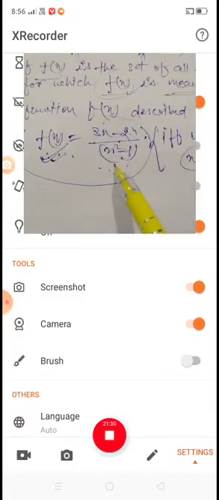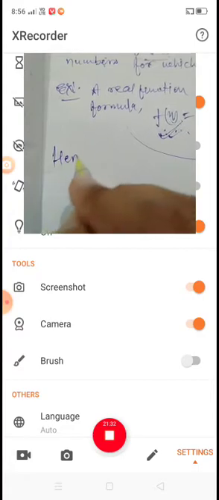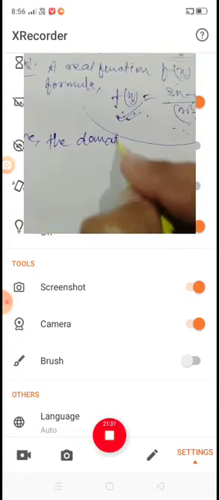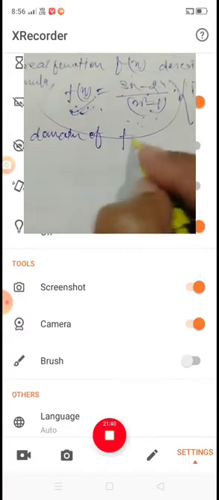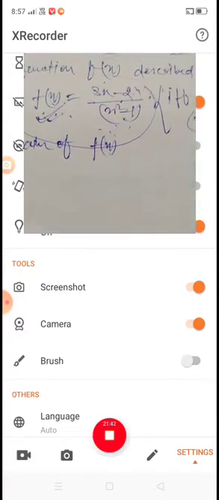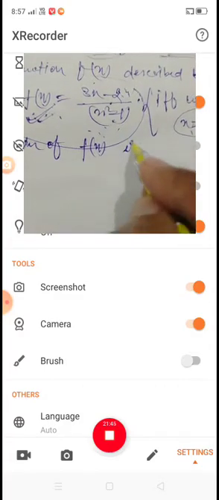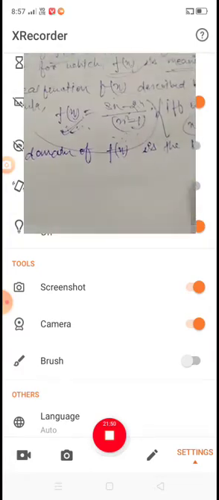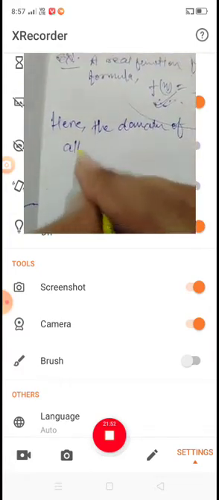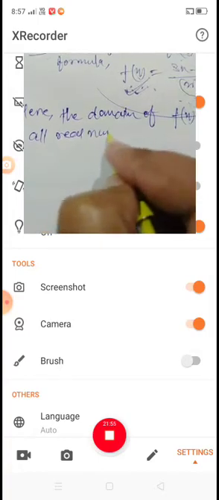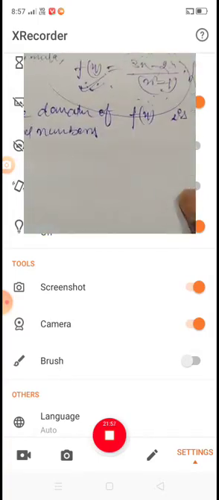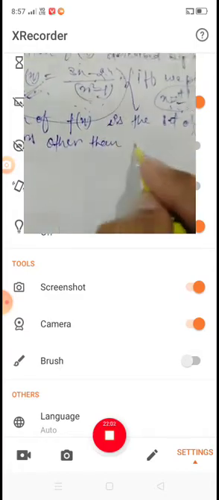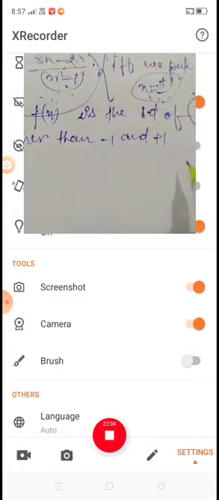So the domain of f of x is the set of all real numbers other than minus 1 and plus 1.